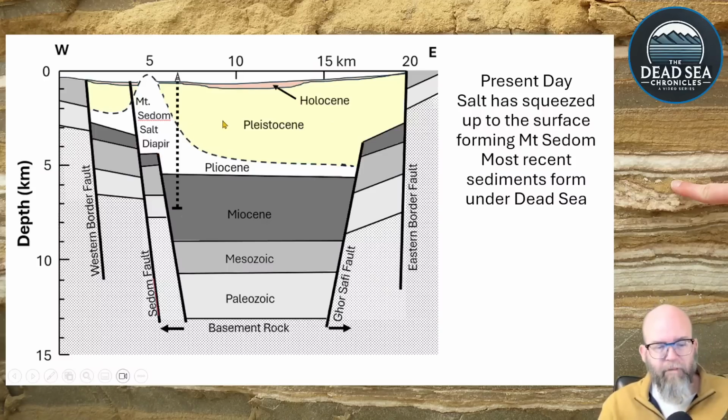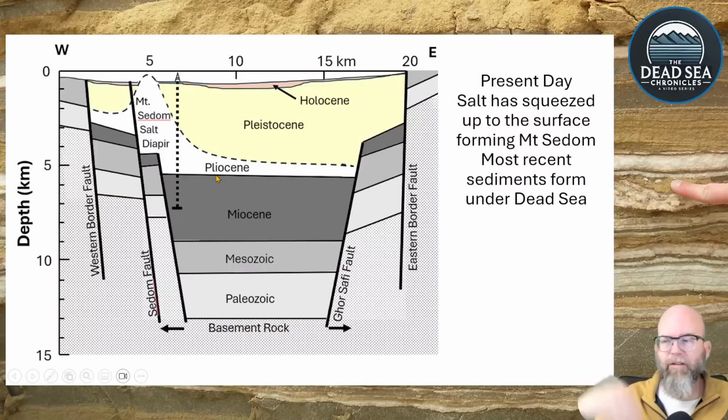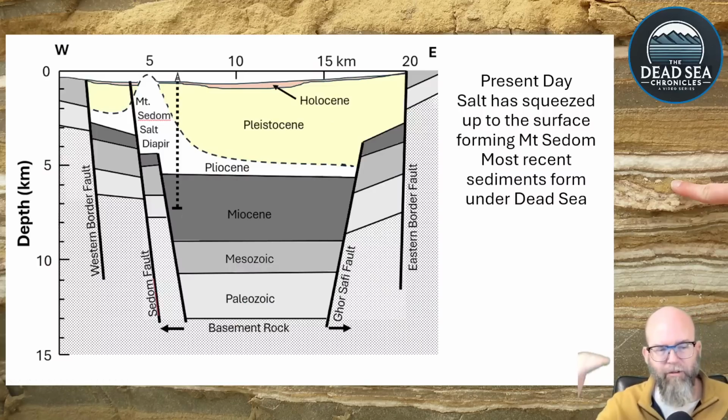All right, so here he's showing that now the Miocene, Mesozoic, and Paleozoic have dropped all the way. And we know this from various kinds of surveys and drill cores that have gone down there. Some of it's reflective patterns and ways that they look for oil, right? So we have an idea what the internal structure below the Dead Sea Rift is, and we actually have drill cores that bring up the sediment columns.